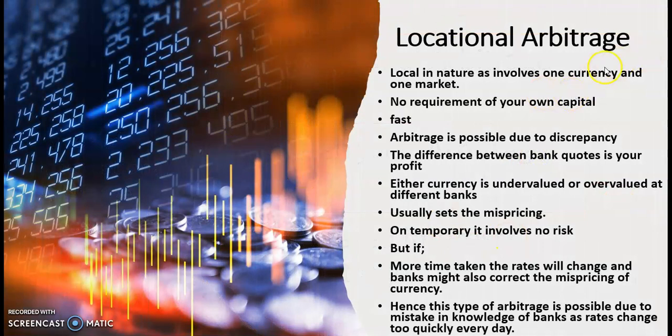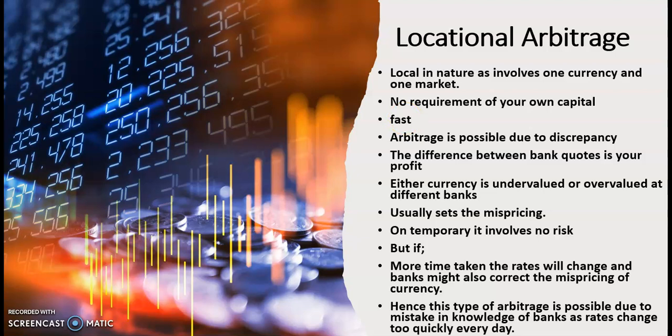As I described in earlier slides about locational arbitrage, it doesn't need your capital, it doesn't need your funds to be involved. It's so simple, and it has one market, just one currency, and you convert your currency into another, that is a single currency. It is possible because of the discrepancy, because differences exist between the banks' quotes.